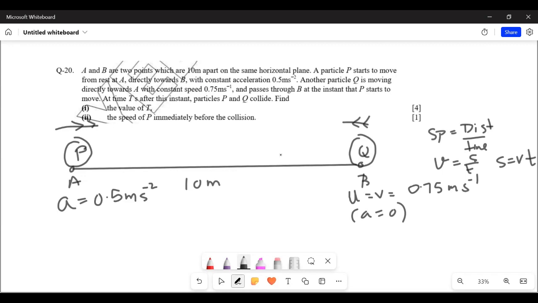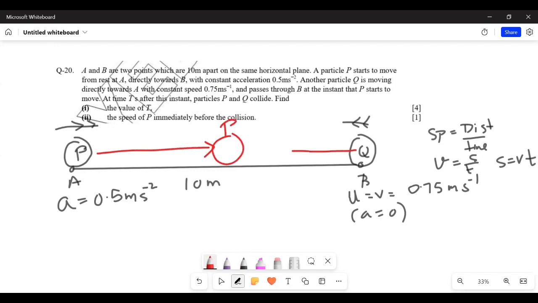Okay. So Q is moving directly towards A with constant speed 0.75 and passes through B at the instant that P starts to move. Okay. So when P passes through A, Q passes through B. At time T, after this instant, particles P and Q collide, find the value of T. So you have to find when the two particles collide. Okay, so when they collide, let's say P is here and Q is here.